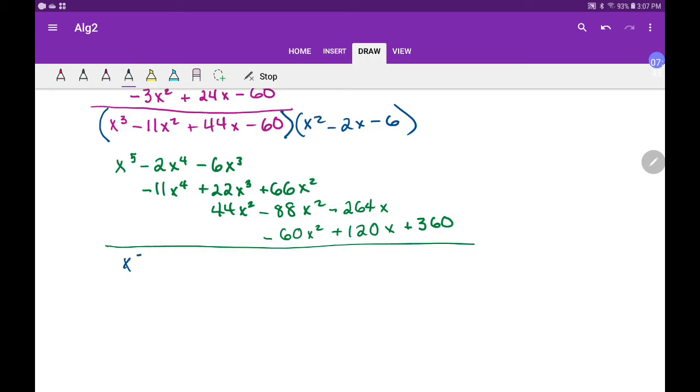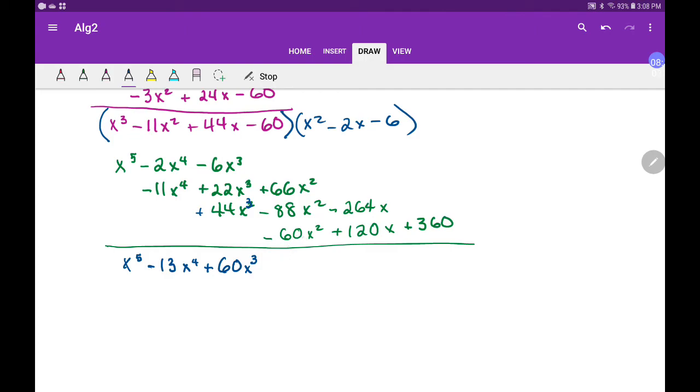X to the 5th. That wasn't too bad. Negative 13, x to the 4th. This was a positive, right? Yes. So I have 66, take away 6 is 60, x to the 3rd. I said x squared, but I was wrong. X to the 3rd.